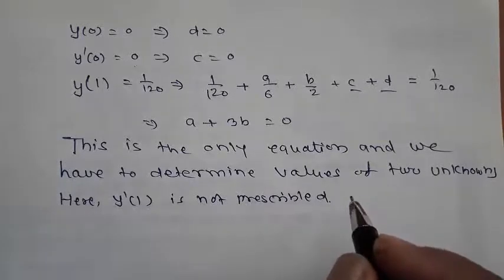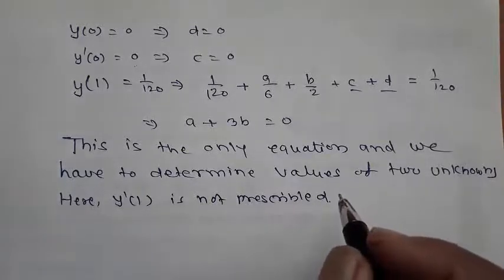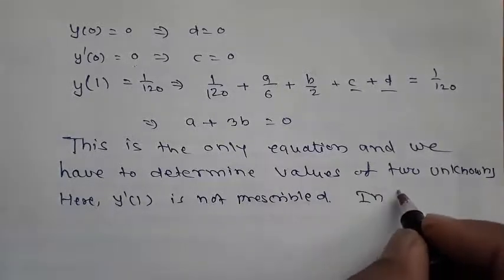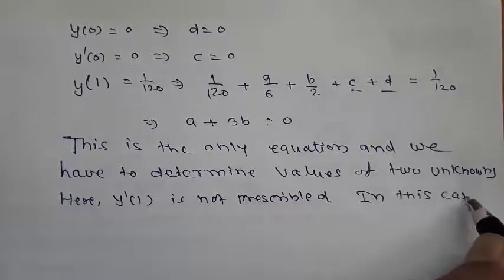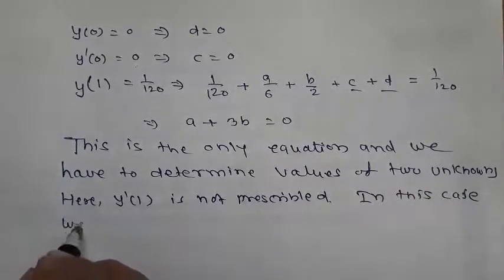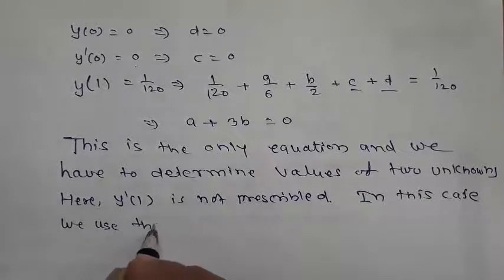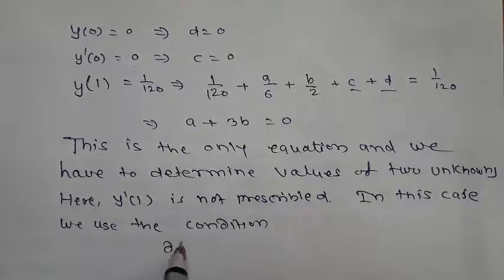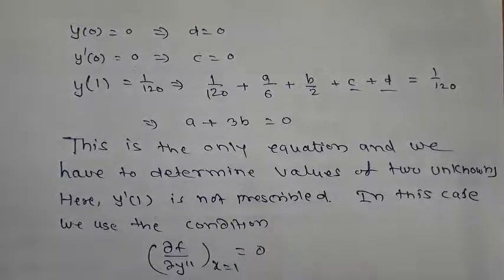That means y dash at x equal to 1 is not given. Then in this case we use the condition dou f by dou y double dash at x equal to 1 equal to 0. This implies y double dash at 1 equal to 0.